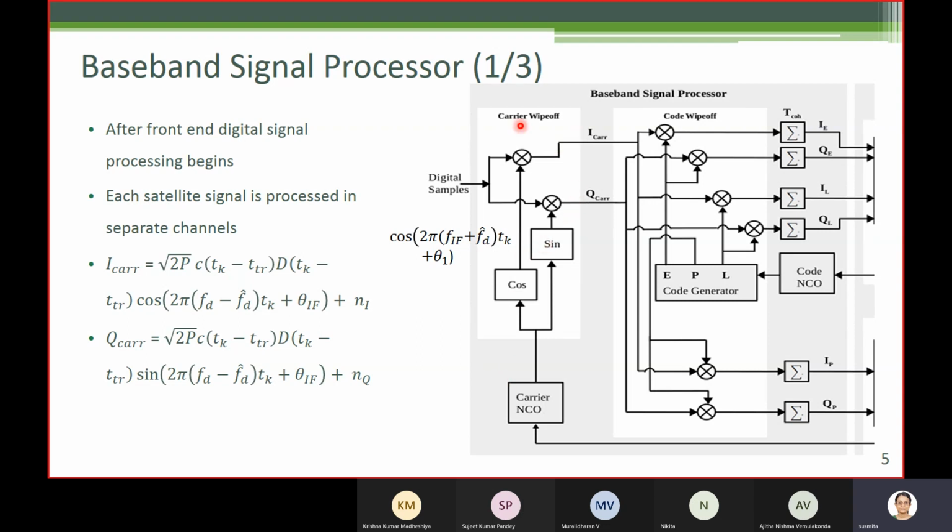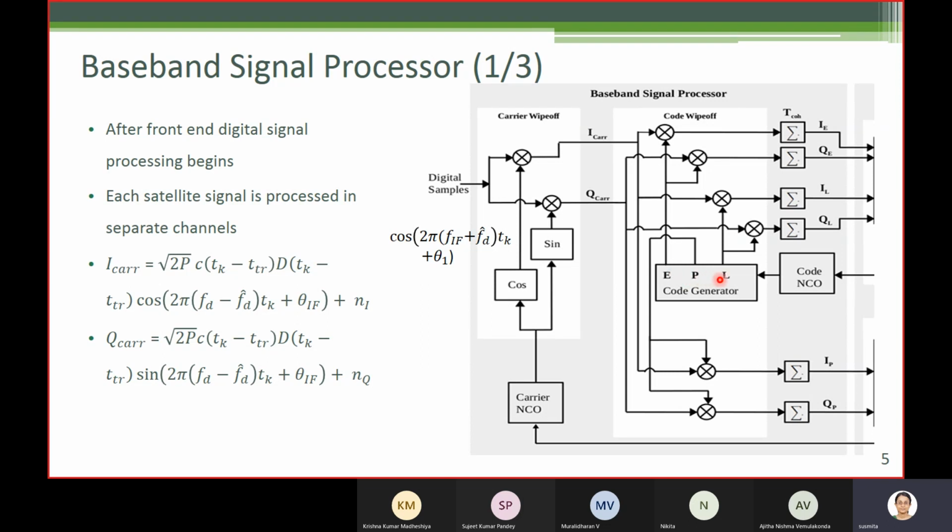After carrier wipe off, the next stage is called code wipe off. How and why? In case of code wipe off, we actually multiply the replica codes. I told you many times in previous lectures that the receiver generates replica codes. There are three types of replica codes generated: early, prompt, and late.